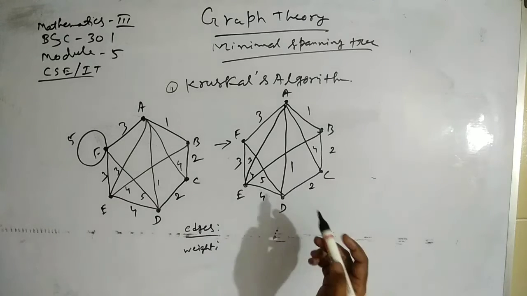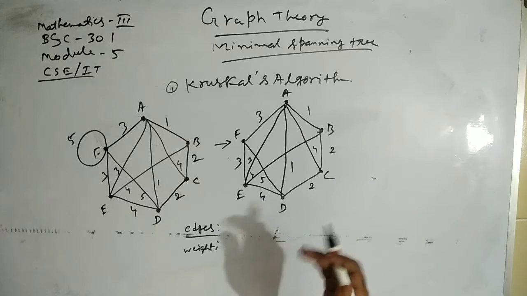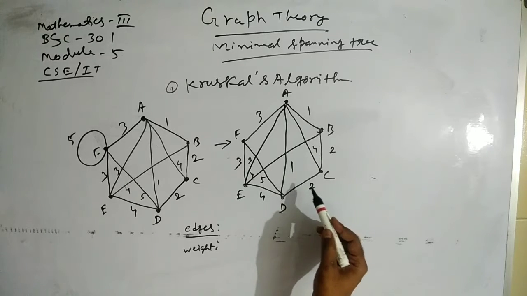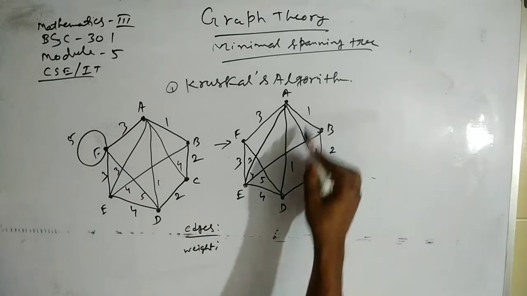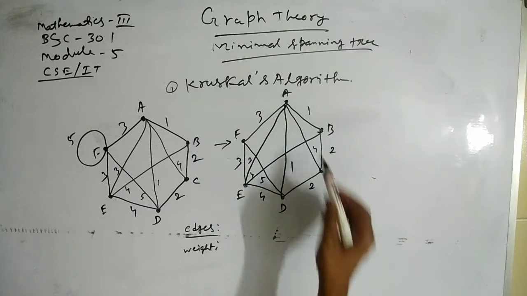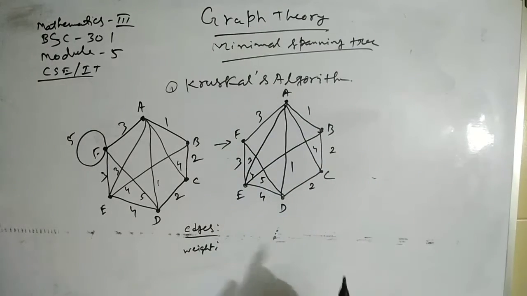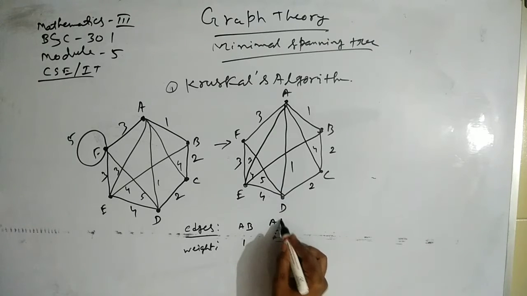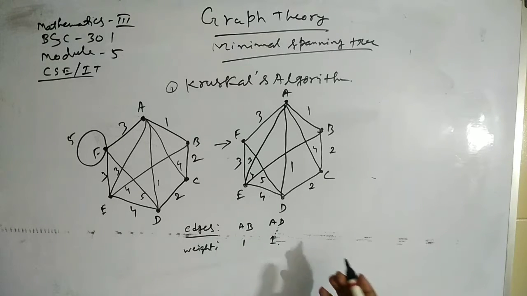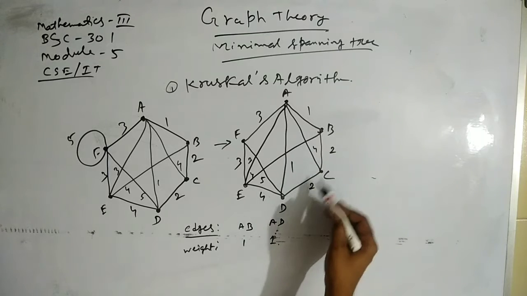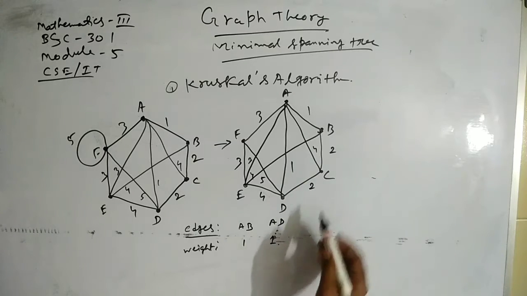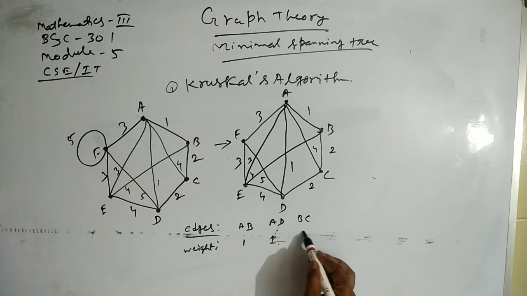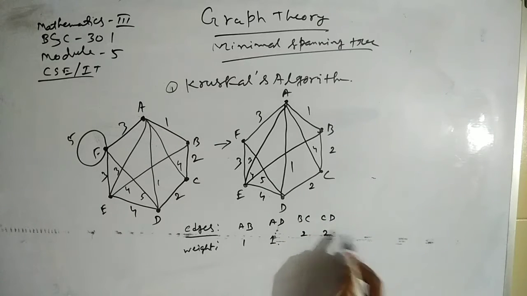If we arrange in ascending order, there are two edges with minimum weight, that is 1. Those are AB and AD. So AB weight is 1, AD weight is 1. Next, after 1, there are two edges with weight 2. They are BC and CD. So BC weight 2, CD weight 2.